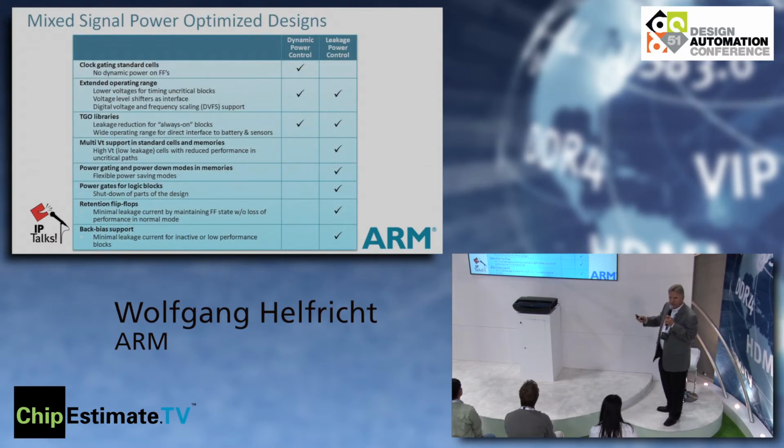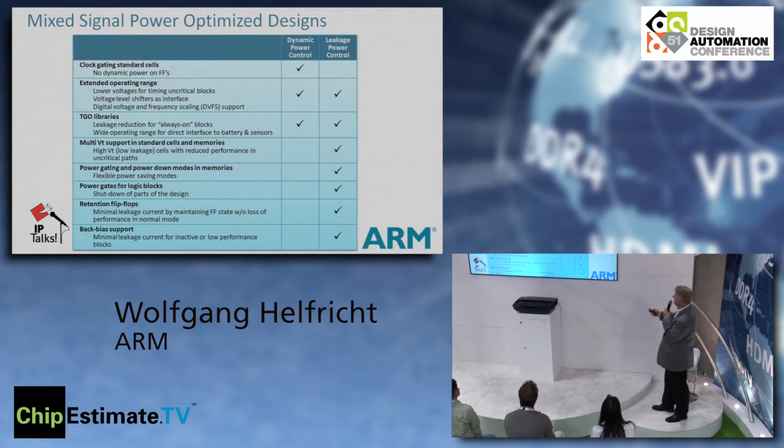More general techniques for power savings: dynamic power, leakage power. It's also important to understand your application, what is more important. If you can totally shut down your device and run it in a very short burst mode, maybe dynamic power is more important than the leakage power.